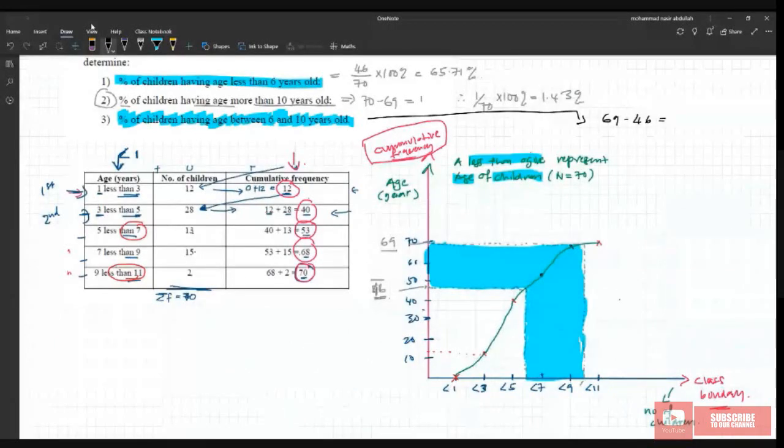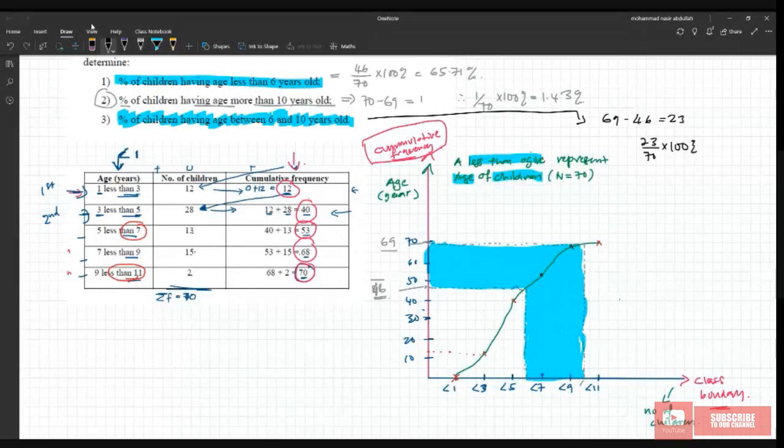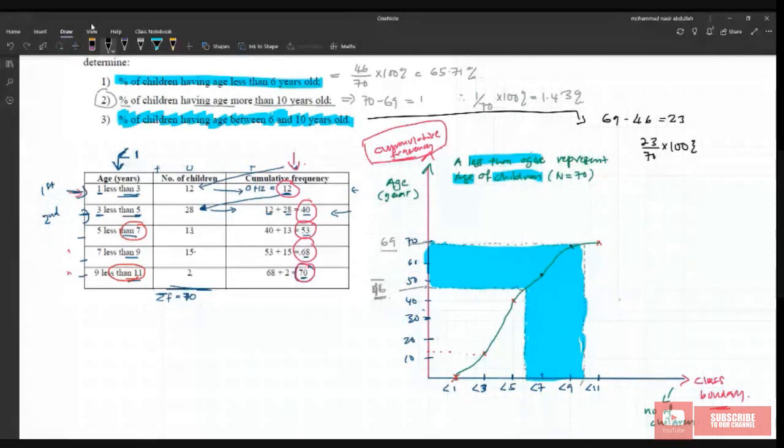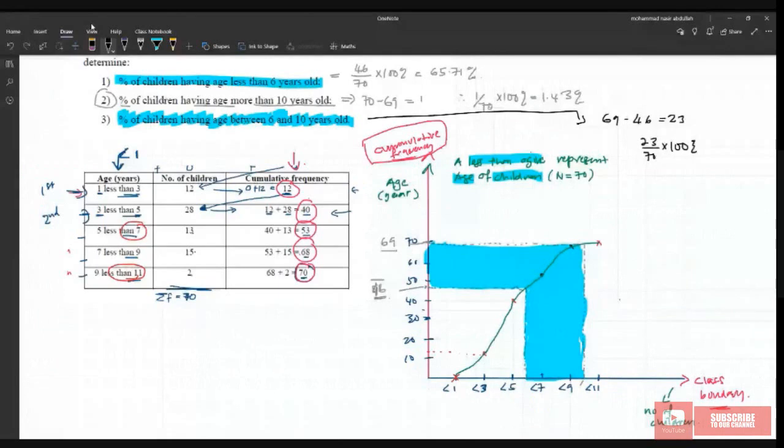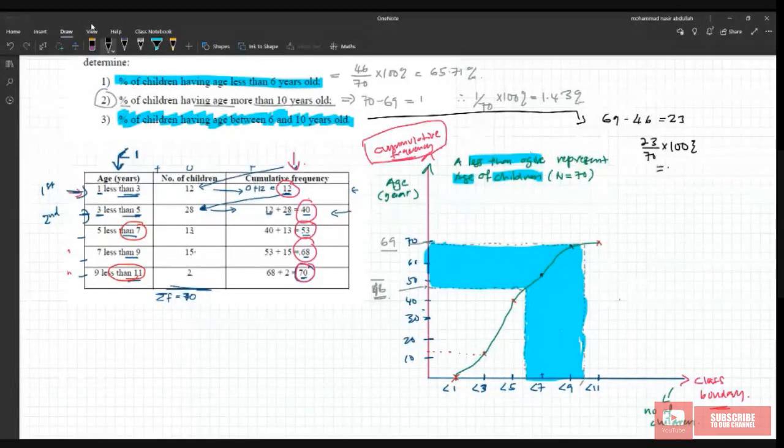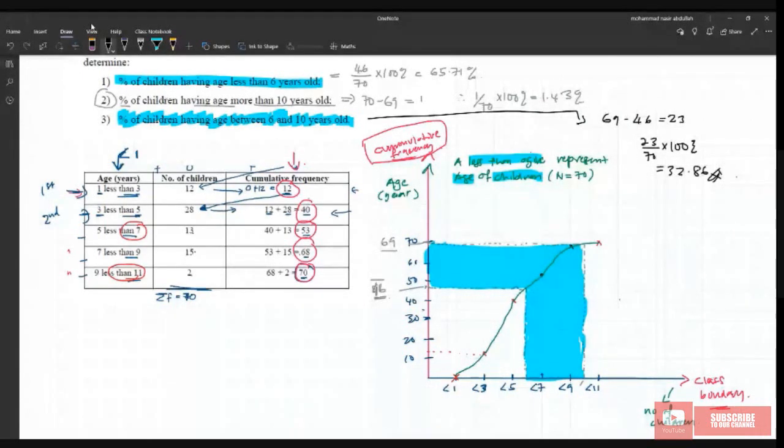So the percentage is 23 divided by 70 multiplied with 100. So it's going to be 32.86. Right? This is how we answer the question from less than ogive.